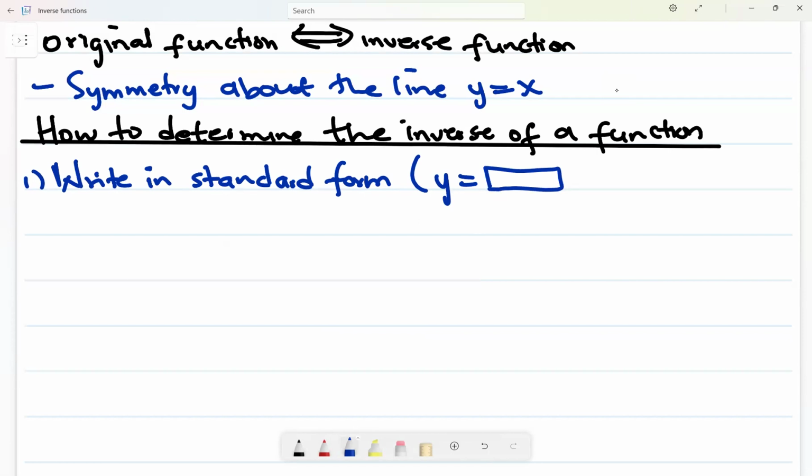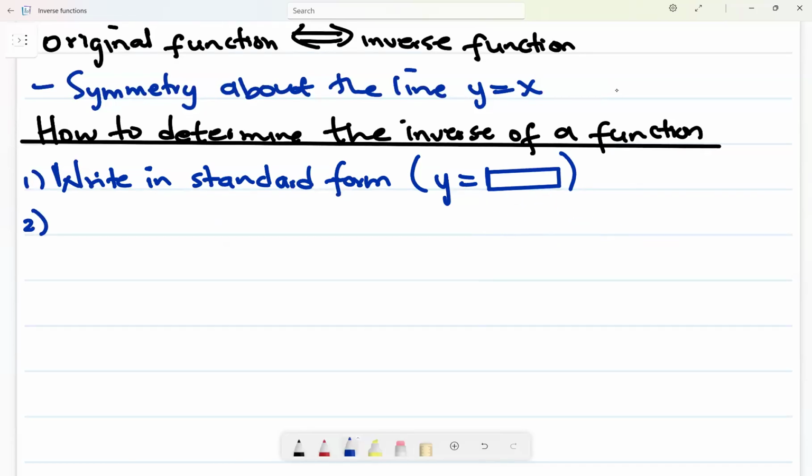We don't care whether it is x squared minus 1 divided by 4, as long as it is y is equal to something. That is what we refer to as a standard form.